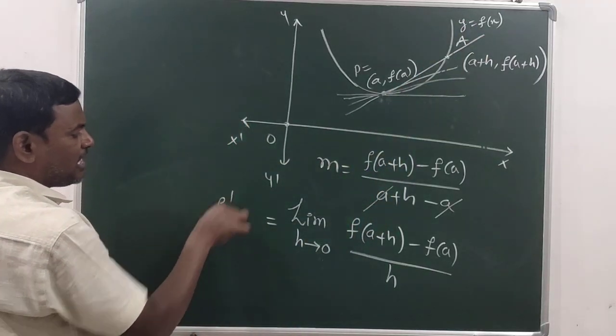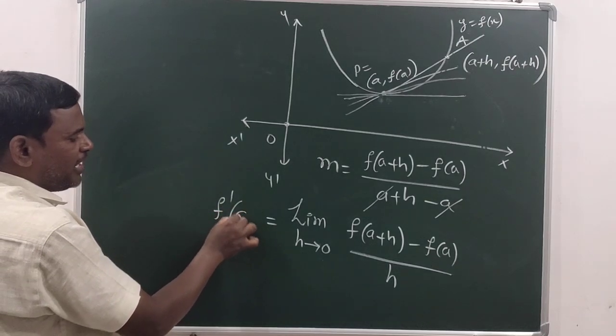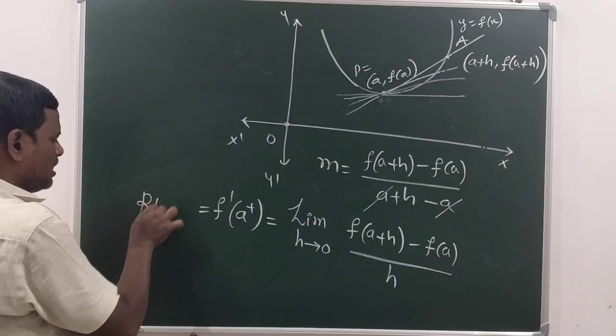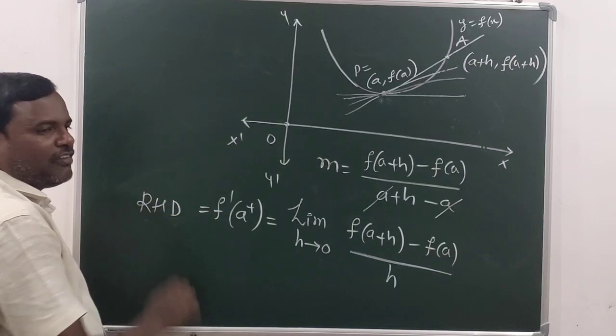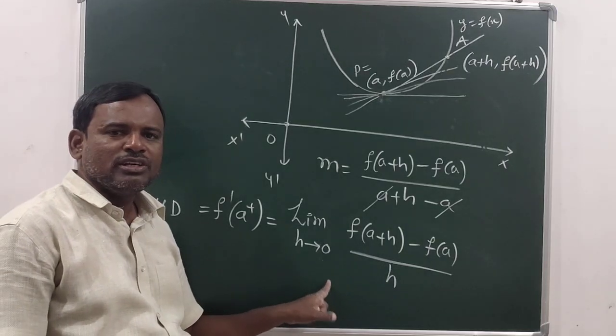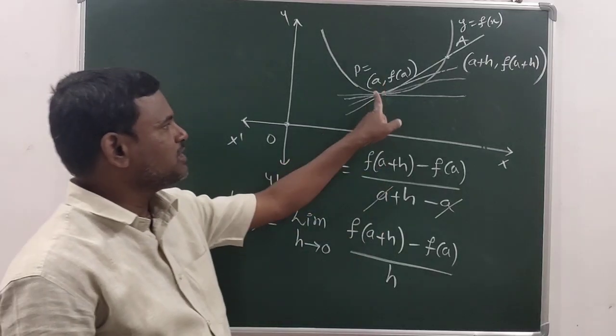What is it? Right hand derivative of the function. It is denoted by f dash of a plus. This is also called the right hand derivative of the function. So you people have to use this formula to find the right hand derivative of that function at P.